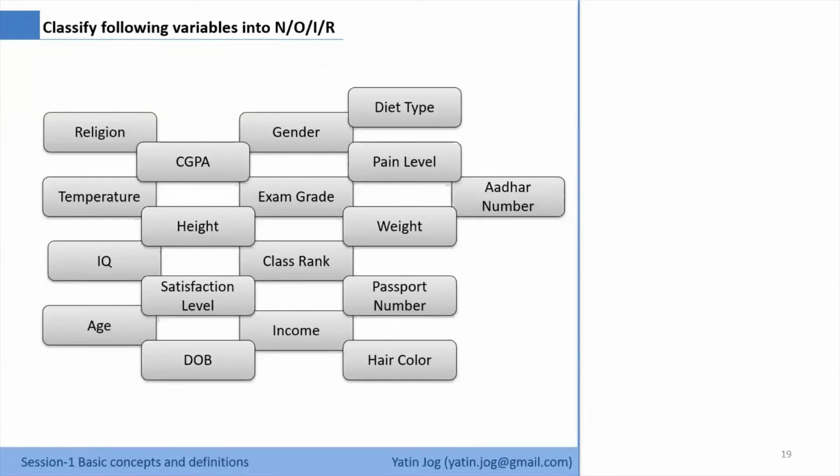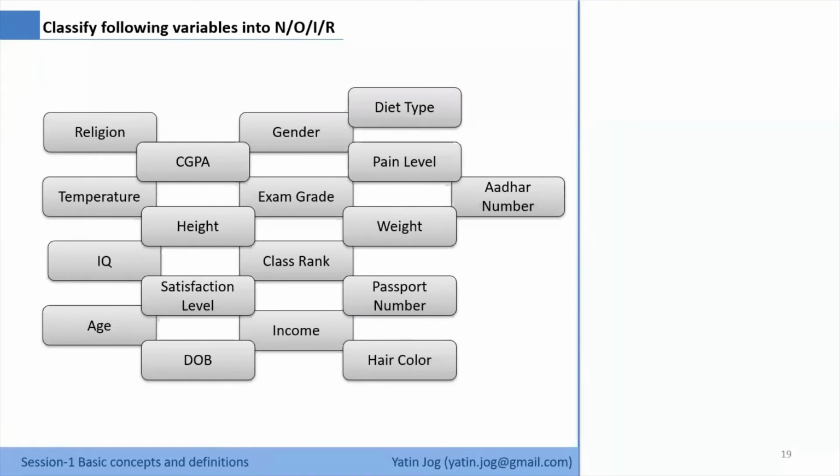Why interval? Interval, we can measure it. Anyone else? Why is IQ interval? Sir, it is having order and difference as well. Difference matters. Correct. So it is interval. Okay. Fine. So religion is nominal, temperature is interval, IQ is interval.